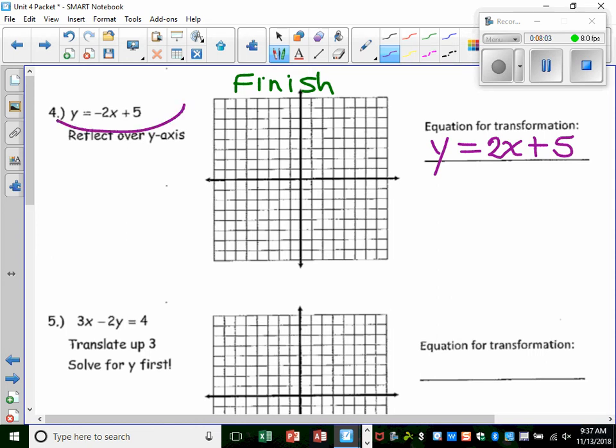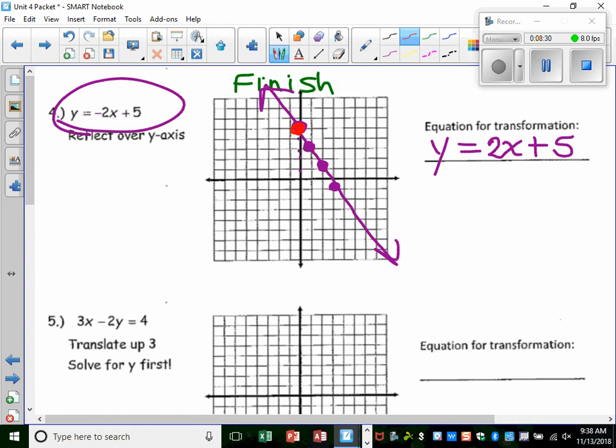So here's my original. I'm going to start at 5. I'm going to go down 2 over 1, down 2 over 1. And then for the other one, I'm going to also start at +5.